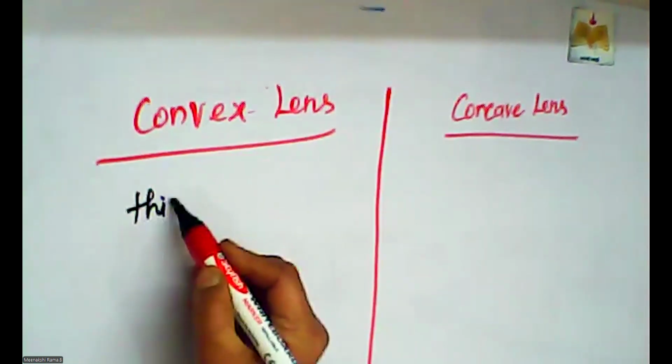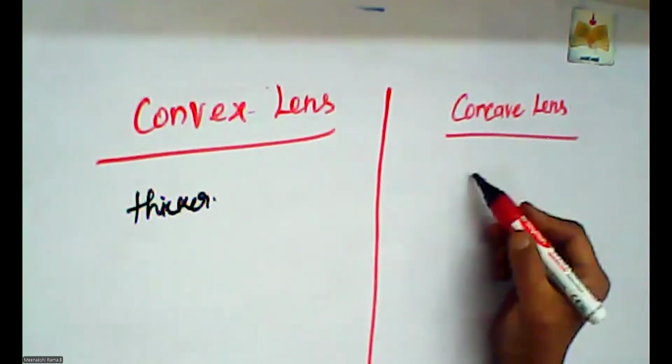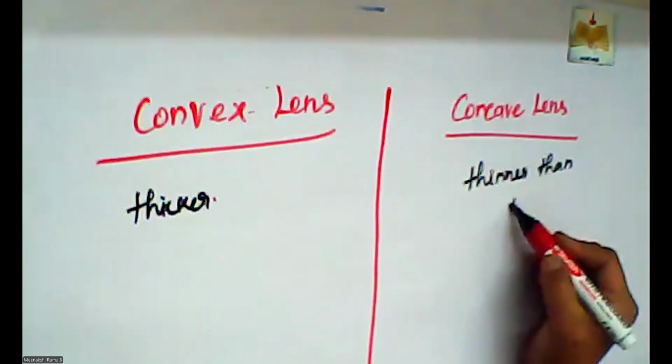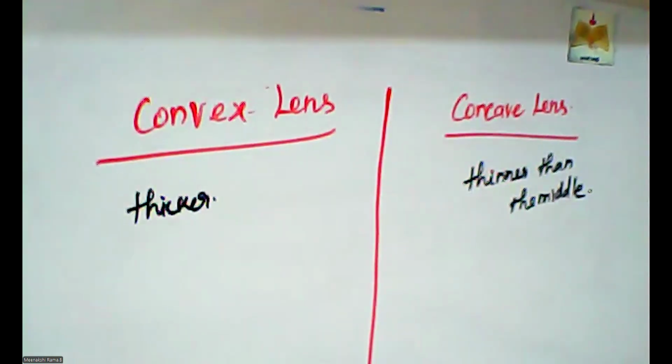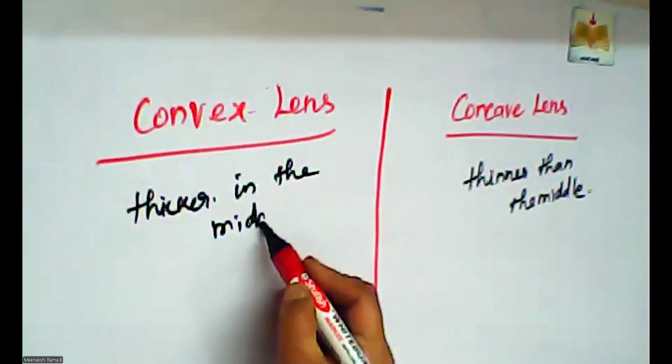The convex lens is thicker in the middle, and a concave lens is thinner in the middle. So this is the first difference between convex and concave: thicker or thinner at the middle point.